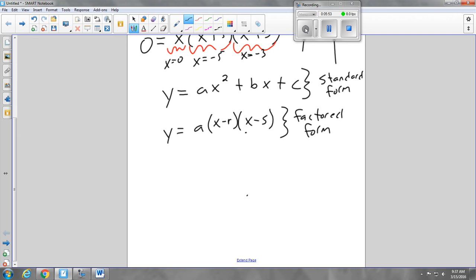Okay, so this is going to be our factored form now. So you know, like before we've been dealing with this, where a was just some number, b was some number, and c was some number. We're going to have the same thing, but now a is going to be some number. It would be the same number. And then r is some number, and s is some number.